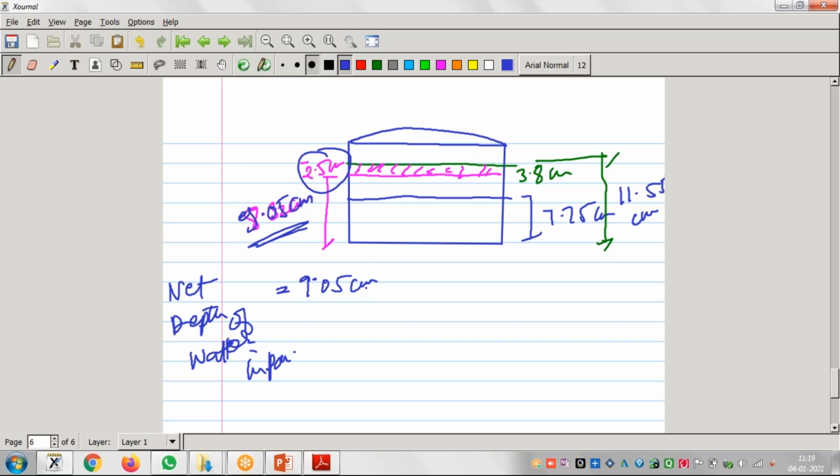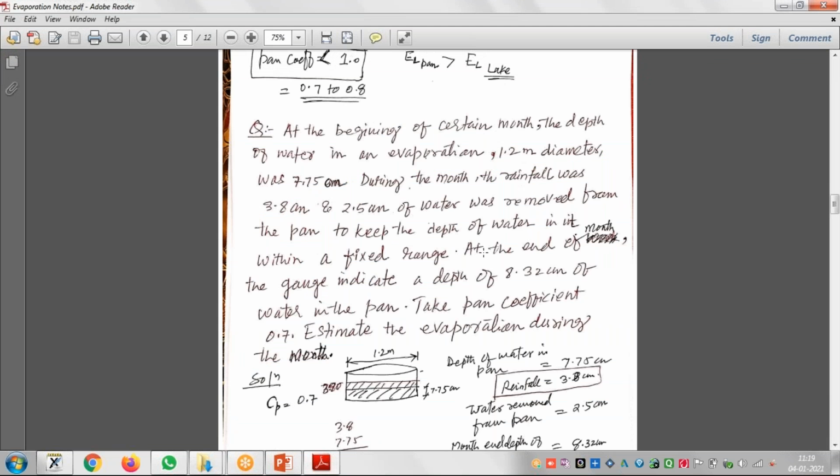Then see, the depth of water in the pan at the end of the month. What he's saying in the question is that at the end of the month, the gauge indicates the depth of water is 8.32 centimeter.